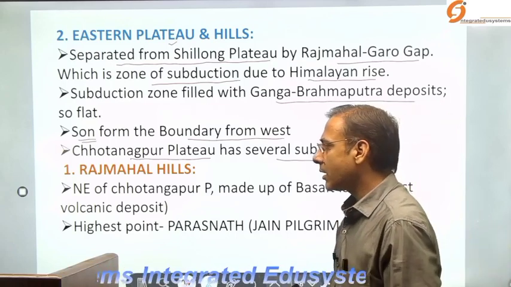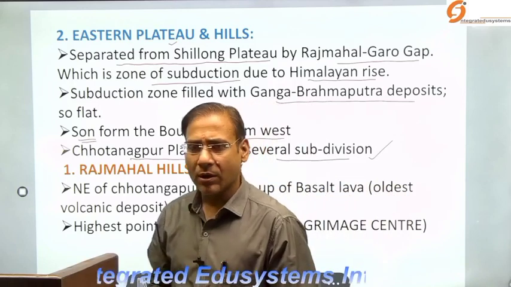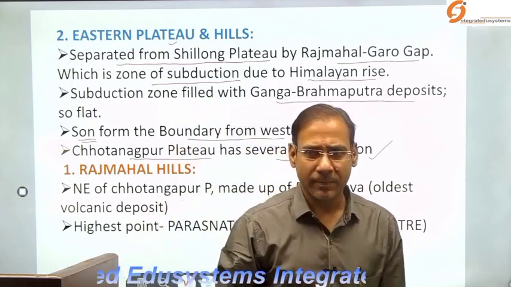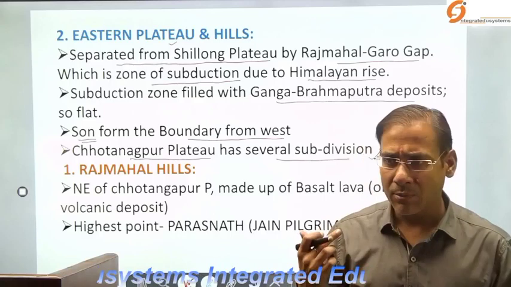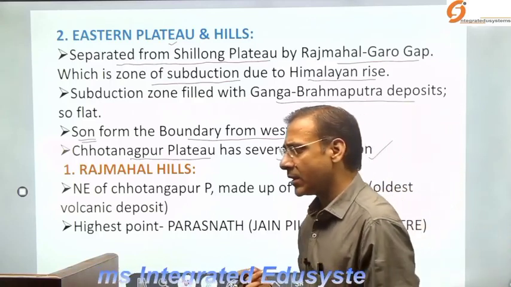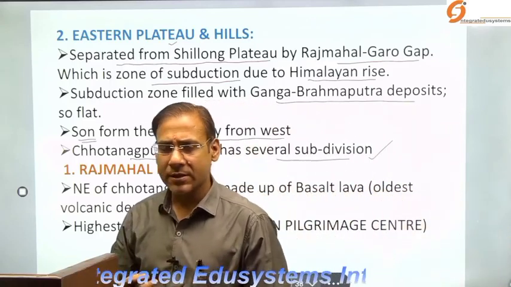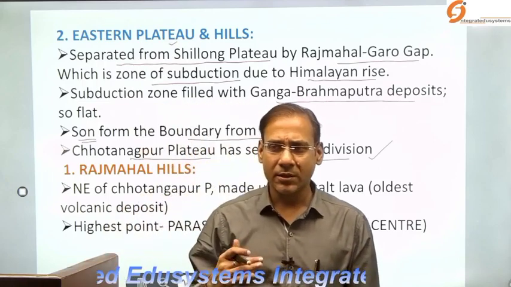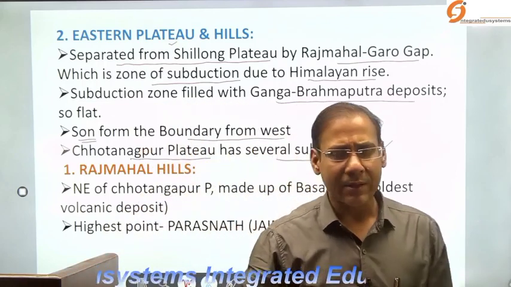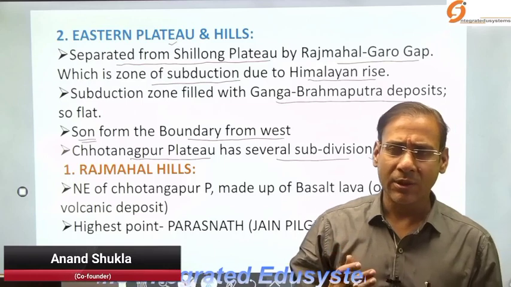अभी मैंने कहा कि राजमहल जो है वो वोल्केनिक डिपॉजिट से बना है, वो एक्सटेंशन है। आपको याद होगा, when I was discussing the Deccan lava trap, I had discussed that trap means a stair-like structure, and that Deccan trap was formed at the end of Cretaceous.